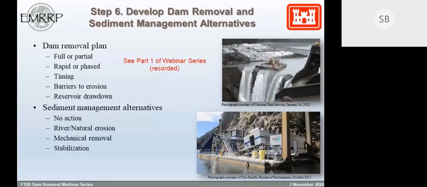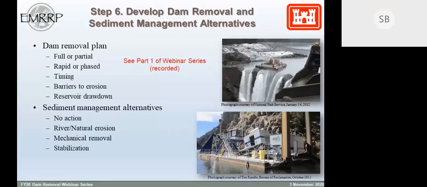But if we expect to have severe consequences from that sediment being released, then we may select other management alternatives that prevent release of that sediment, either by removing it or by stabilizing it in place. For example, mechanical removal might be selected where sediments are contaminated or if otherwise impacts are not acceptable.